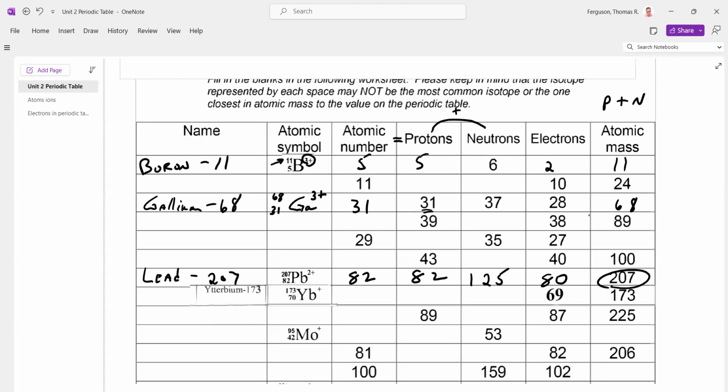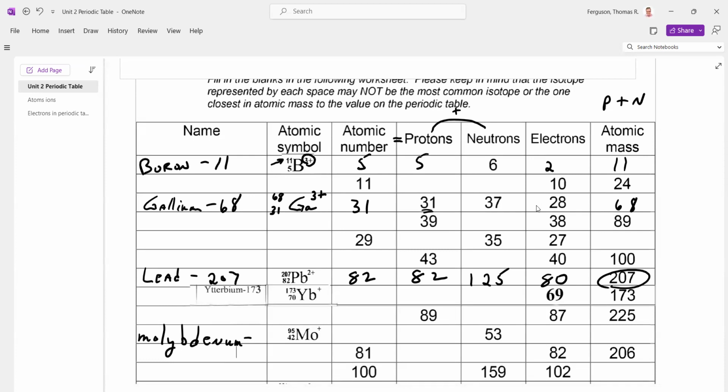Okay, anyway, let me borrow your table here. Okay, so all right, the molybdenum got a positive 1 charge.